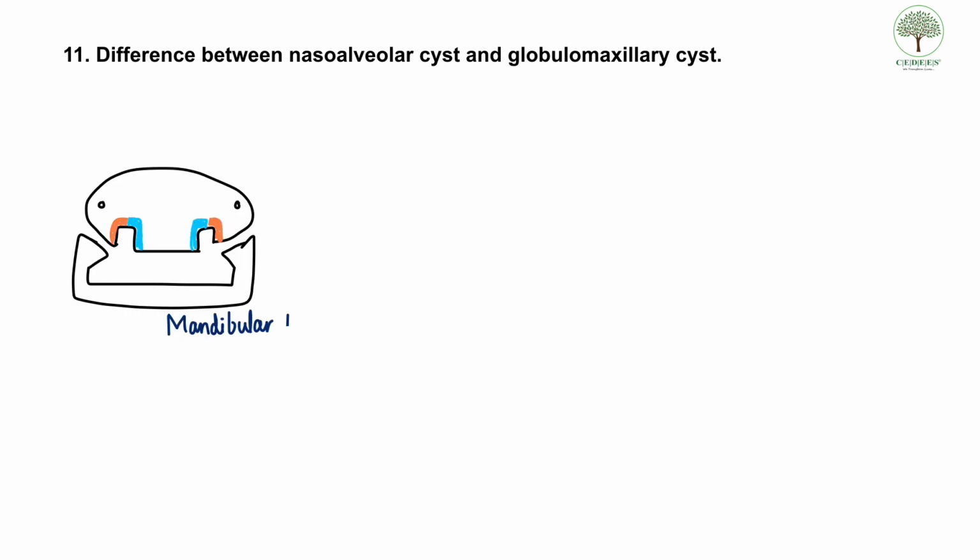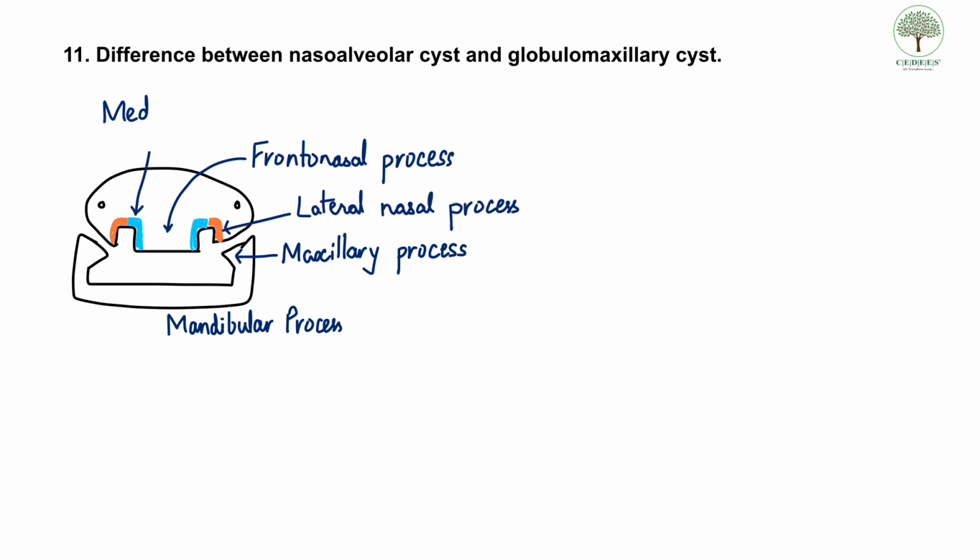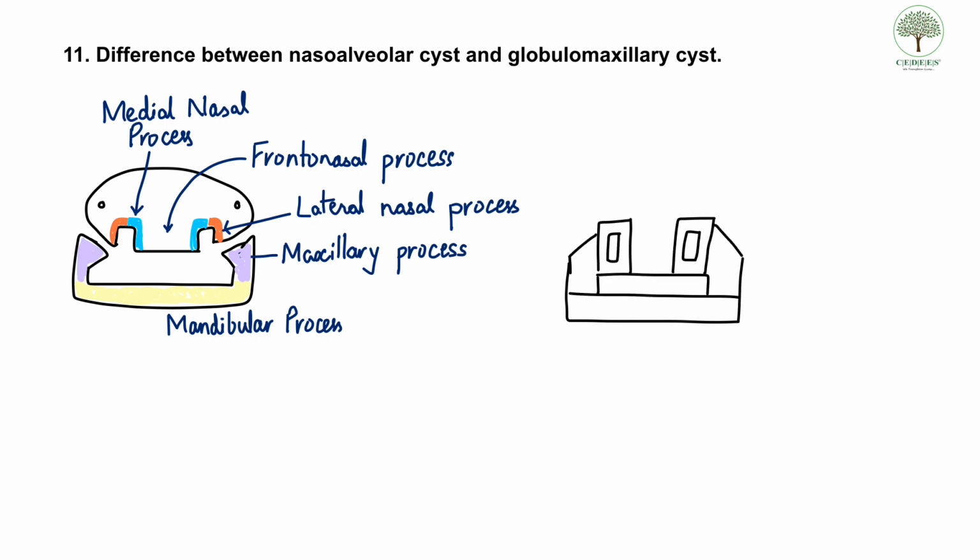Now, our next question is the difference between formation of nasoalveolar cyst and globulomaxillary cyst. So to understand this, let us look at your embryology diagrams from the formation of nose or nasal pits. So out here in yellow, we have our mandibular process, maxillary process in purple color, and this is your lateral nasal process in orange, and blue is the medial nasal process, and right in the center is the frontonasal process.